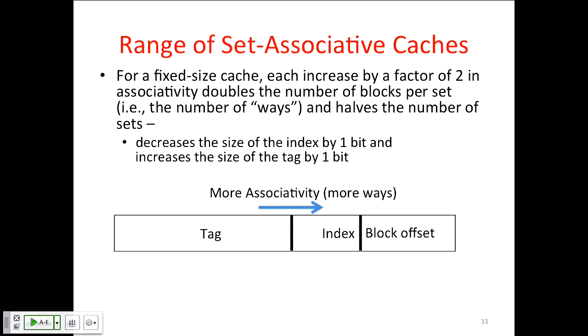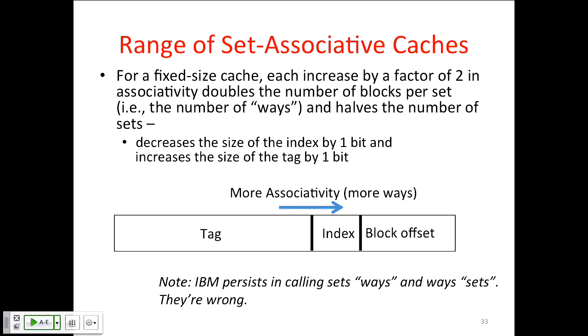As you add more ways, the index shrinks. Conversely, as you add fewer ways, as you move towards a direct map cache, you need more index bits. Think of a 2D array of cache lines. One dimension is sets, the other dimension is ways. If I have a constant number of lines, increasing ways means decreasing sets, and increasing sets means decreasing ways. That's the design space of these caches.